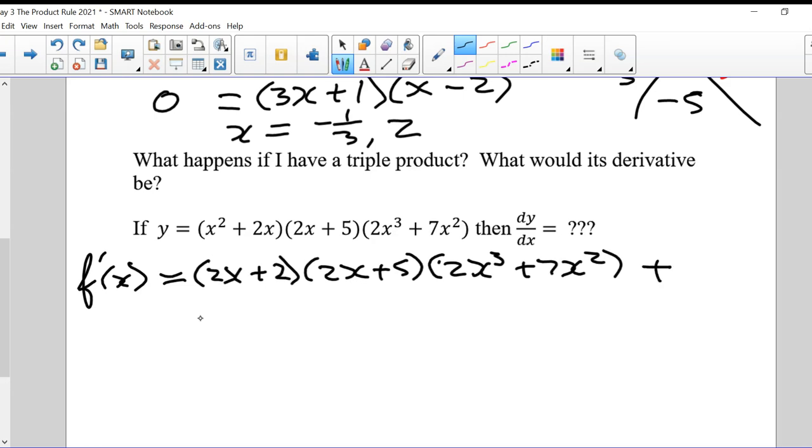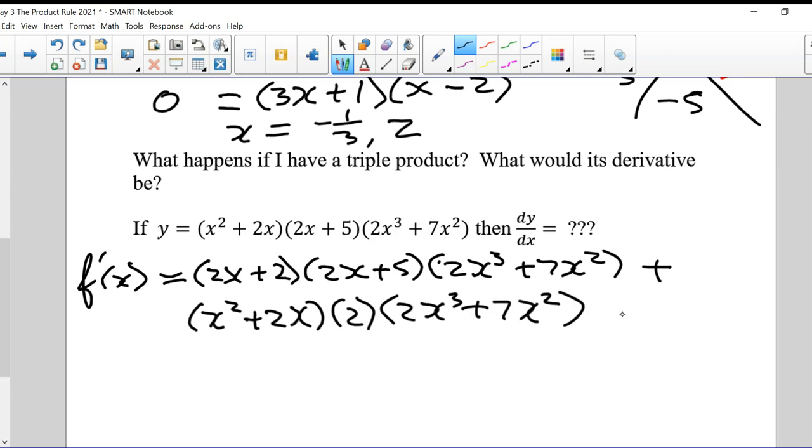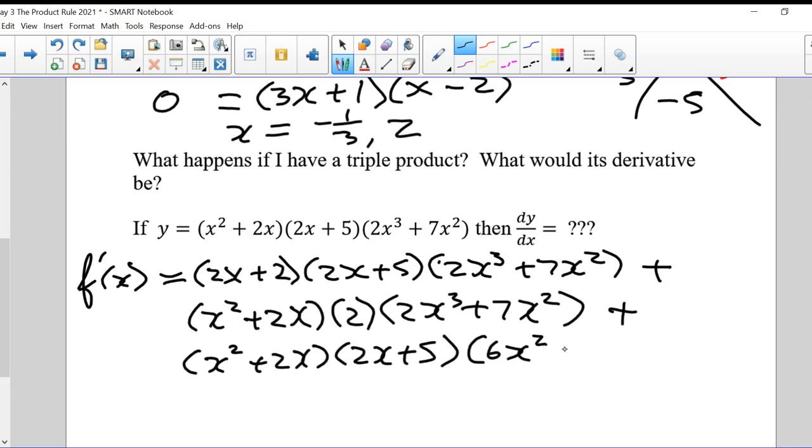Plus, take the first term underived, which would be x squared plus 2x, multiplied by the second term derived, which would be just simply 2, and then the third term underived, so 2x cubed plus 7x squared. Plus, you can see where this is going, hopefully, the first term underived plus the second term underived plus the last term derived. So 6x squared plus 14x.